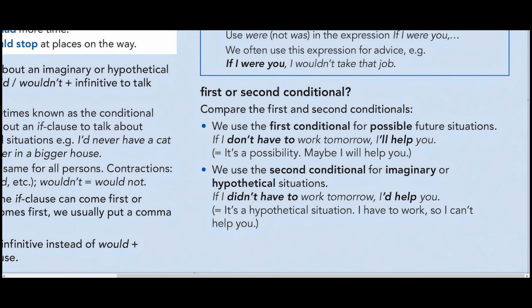Вот если бы у меня не было завтра работы, я бы тебе помог. Это гипотетическая ситуация, все-таки я должен работать, и я не могу тебе помочь. То есть здесь мы просто воображаем. Вот если бы не было, я бы тогда помог, а так извини. То есть надеюсь, что-то прояснилось. Но сейчас на упражнениях, надеюсь, станет все гораздо понятнее.